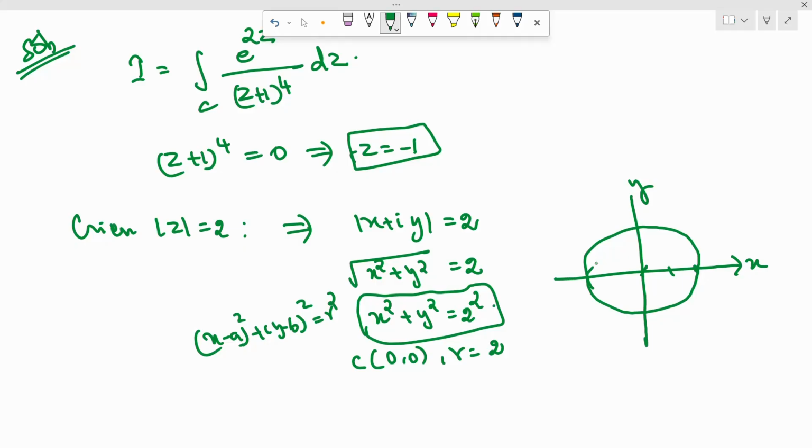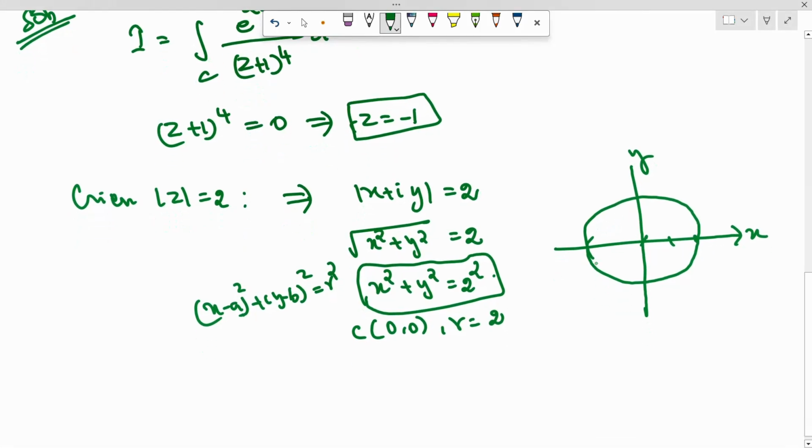This is the given curve diagram. Step 1, find the singular points. Step 2, draw the diagram for the given circle.